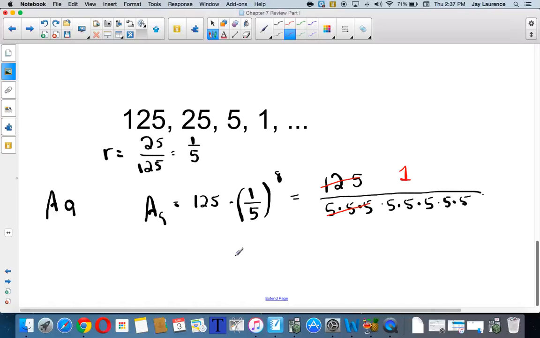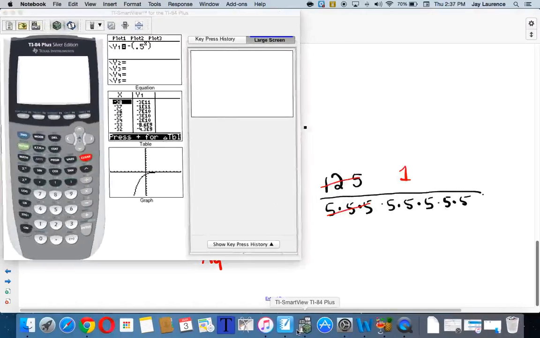Now, I know 5 to the 4th is 625. I think this is going to be 3125. I think a sub 9 is going to equal 1 over 3,125. And how do I know that? Because I've been doing this for so many years. All right, so let's just double check that though. Let's go to the calculator.